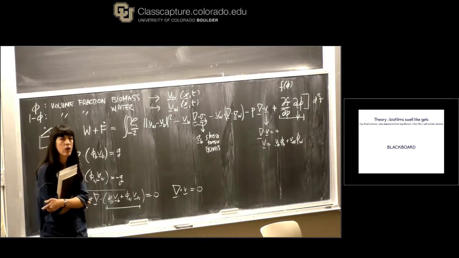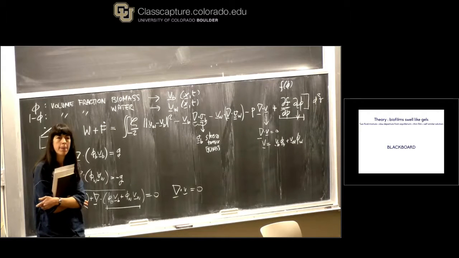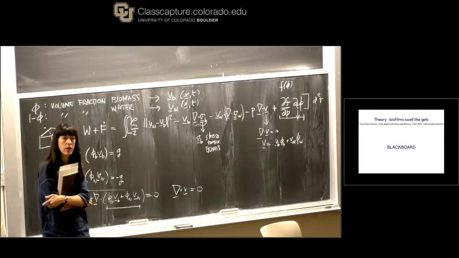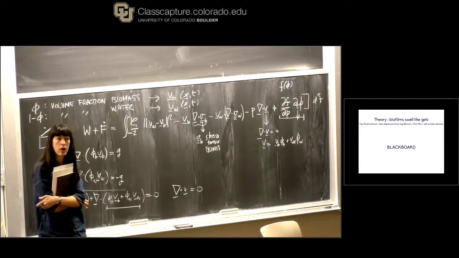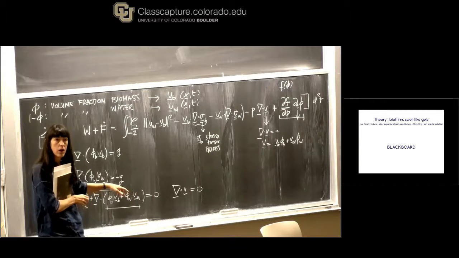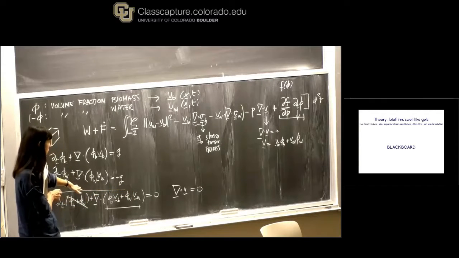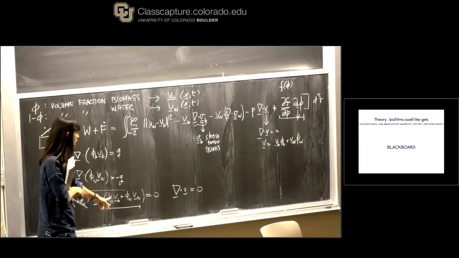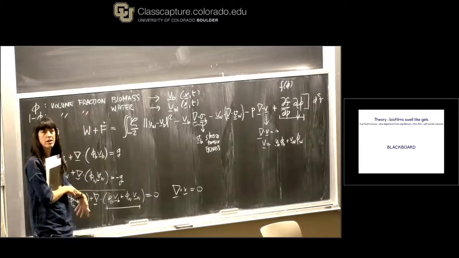Because you said that in the ball there's a lot of space between the bacteria, so there's room for compression, which means that presumably I should be able to compress. Yes, you can compress both of them separately, but not the average. We just derived it. This is not an assumption.